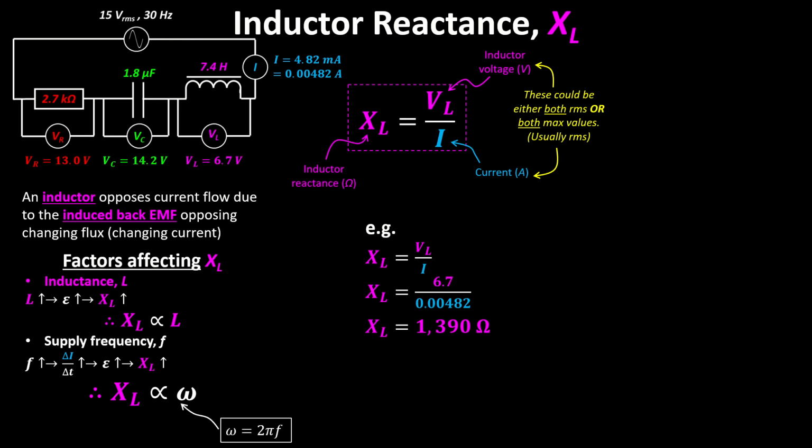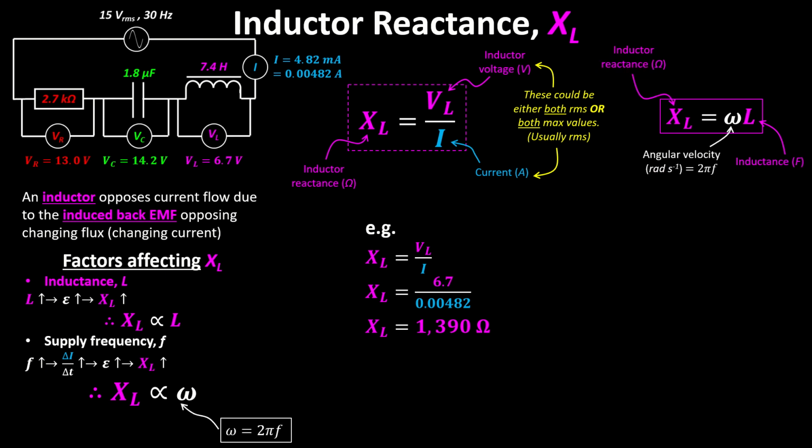So we can put those two together for a formula for inductor reactance based on the situation of the circuit. It's the angular velocity, 2 pi f again, multiplied by the inductance, which should be in henries. And it gives us the inductor reactance in ohms.